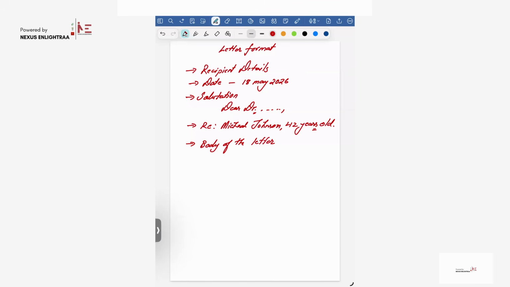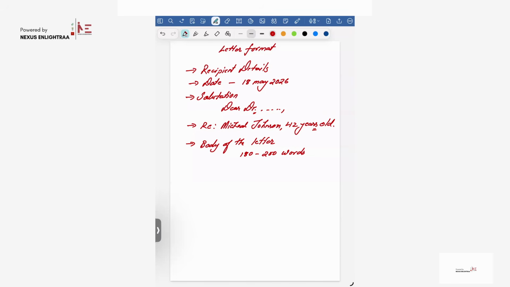The fifth is the body of the letter. This is where all your clinical information goes. We will write this paragraph by paragraph together in the next video. But according to OET, the body should be approximately 180 to 200 words. And I want you to be very clear about what gets counted.